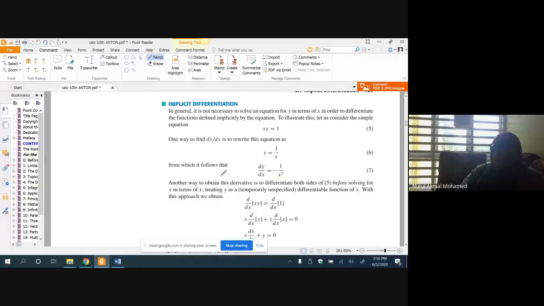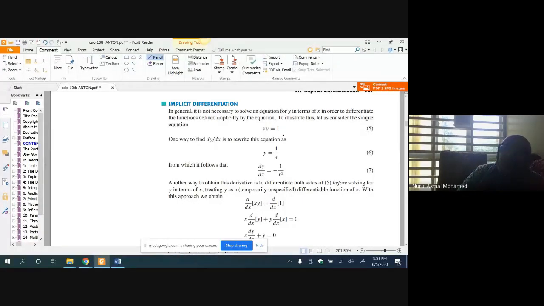The next one is implicit differentiation. This implicit differentiation is very important because not all expressions can be simplified such that y is moved to the left hand side and the other expressions are moved to the right hand side before you differentiate.